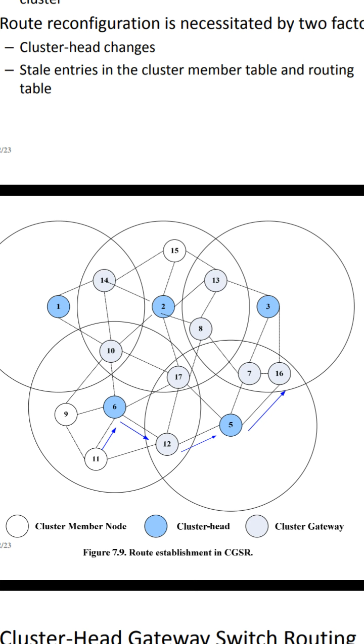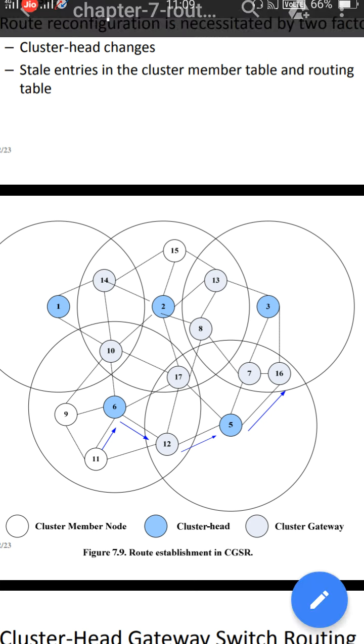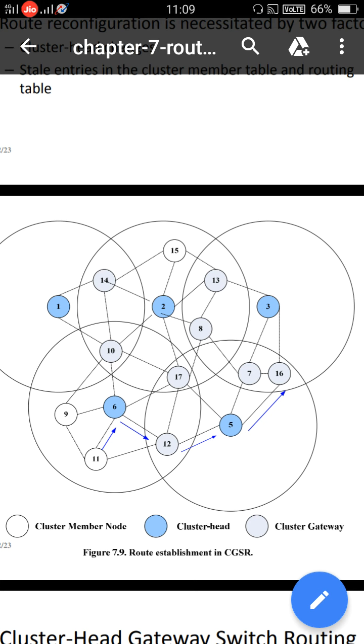Let us take the cluster whose cluster head is 6. In this cluster the cluster members are 9 and 11, and the cluster gateway nodes are 12, 17 and 10. Suppose we want to transfer data from node 11 to node 16. Node 11 belongs to the cluster with head 6.